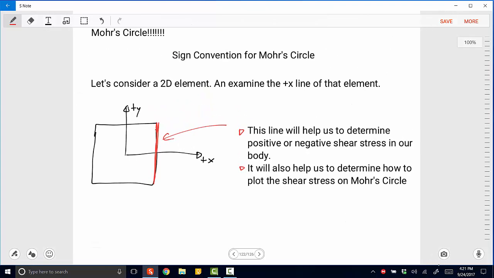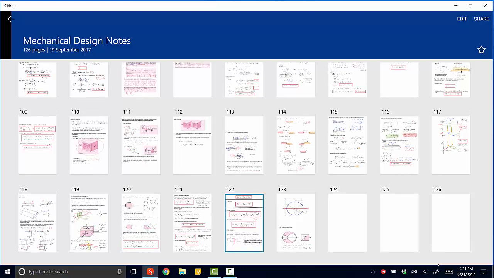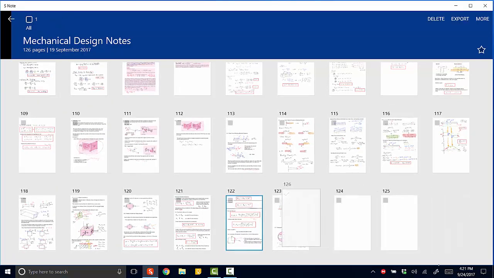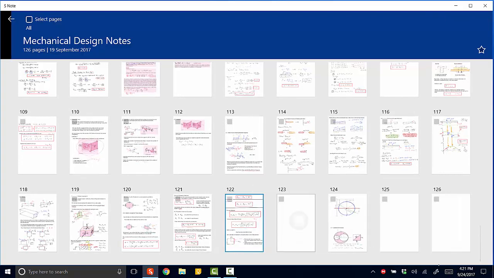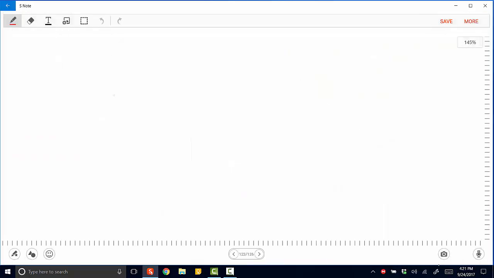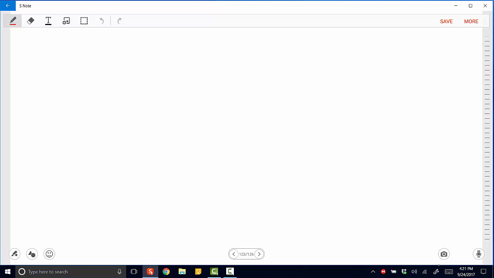Now let me get a new sheet here. Let me add a sheet, so that we can explore this further before we get into Mohr's circle. So let's draw a stress element. Let's draw the shear stresses on it, and then let's try to determine, what is the value of shear, or what is the sense of the shear?